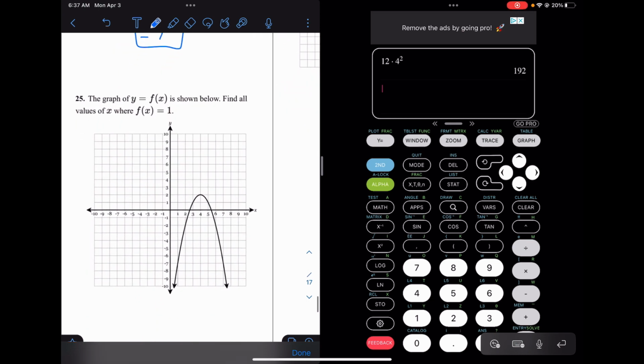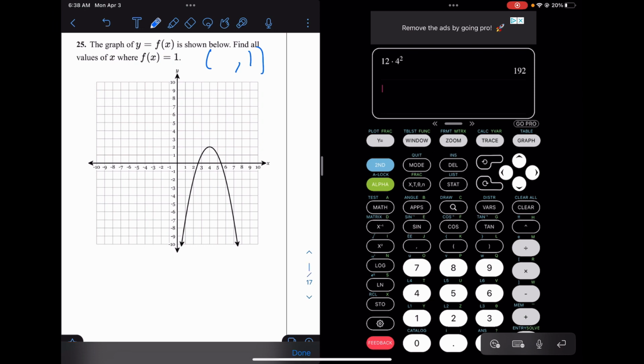All right, here. It says find all the values of x where f of x is equal to 1. Now, if you recall, in order for something to be a function, the x values can never have different y values, or inputs can never have different outputs, but you can have the same output multiple times. That's important to keep in mind here. So they gave us our y value of 1, and they want us to find the x value or x values.